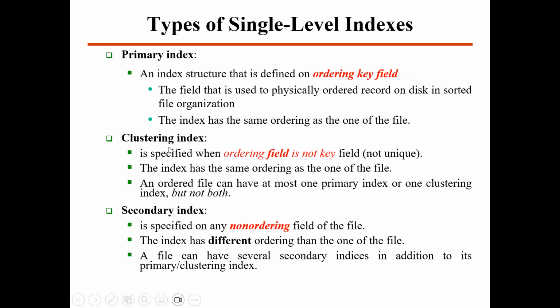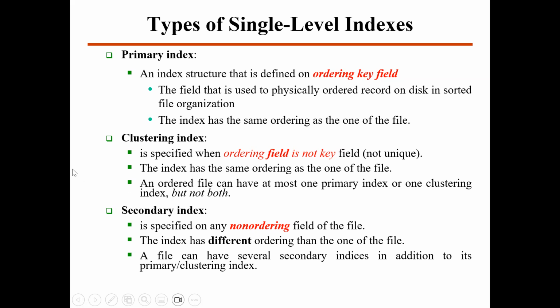The clustering index is also doing the same job of connecting one entry in the cluster with one block in the data file. But here it is not unique. It means the block can have multiple same values.